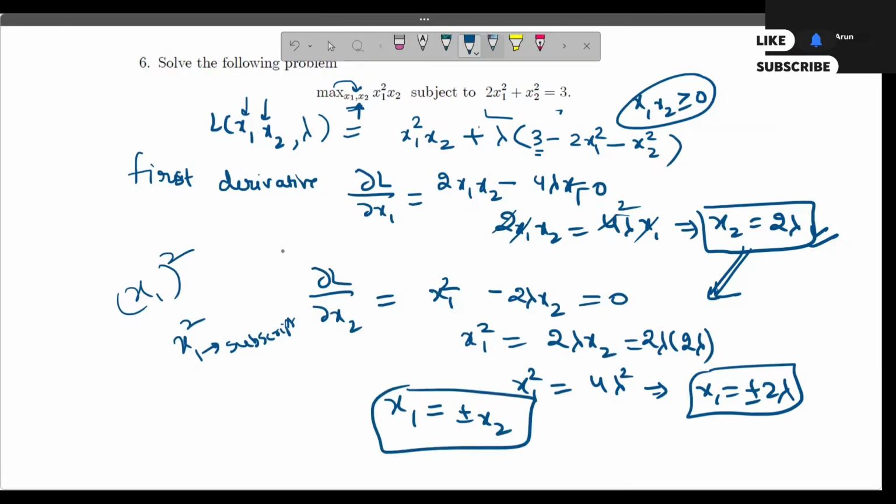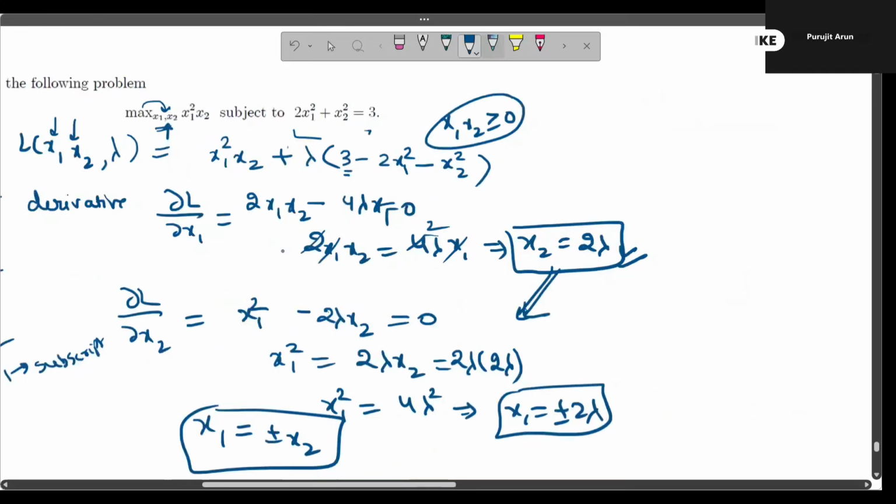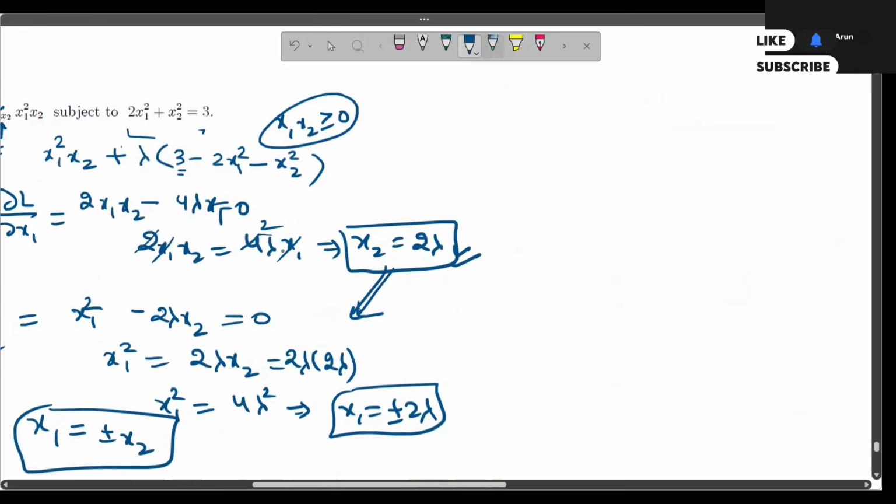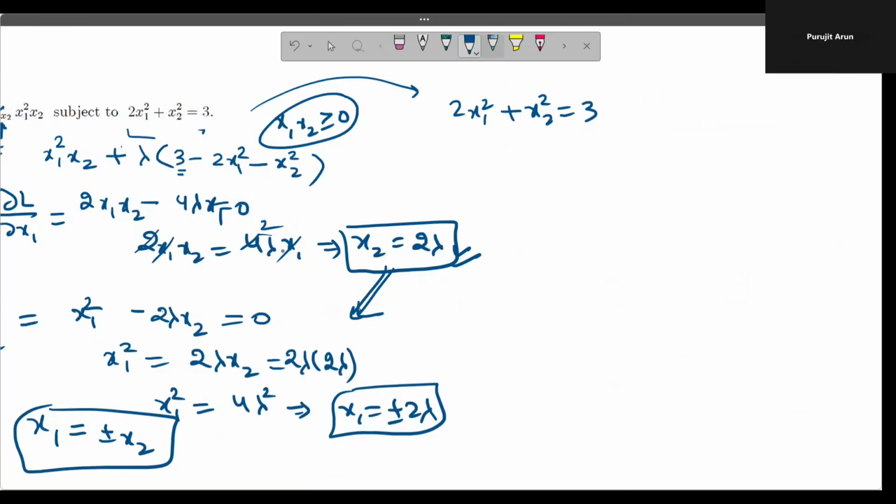Now you substitute these in the constraint, 2 x1 square plus x2 square equals 3. You have two cases to follow: when x1 is equal to plus x2, and when x1 is equal to minus x2.